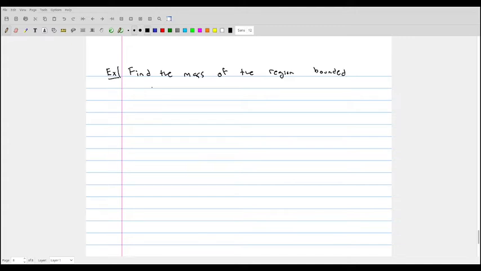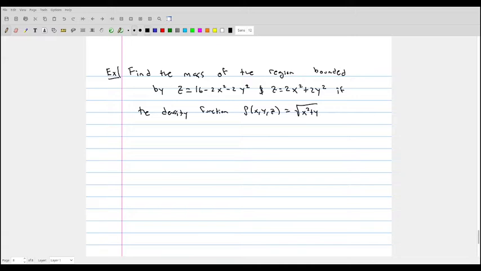bounded by the surfaces z equals 16 minus 2x squared minus 2y squared, and z is equal to 2x squared plus 2y squared, if the density function is given by rho of x, y, z equal to the square root of x squared plus y squared.